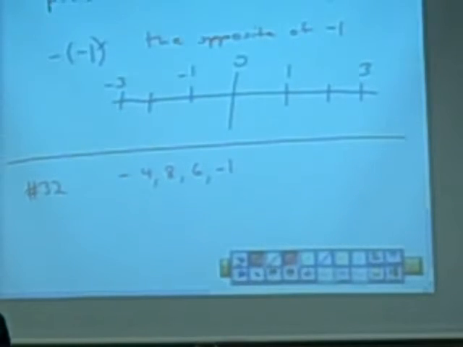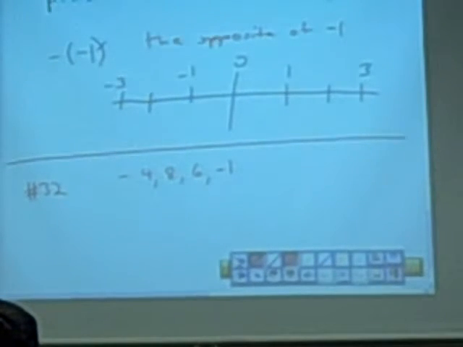Positive 1, right. But in the back of the book, it's written just like it reads up there, minus negative 1. That's the way it's done in the back of the book. I understand what you're talking about, but that's the way it's written in the book. Write the expression in words. Let me take a look. Sometimes there are contradicting answers in the back.